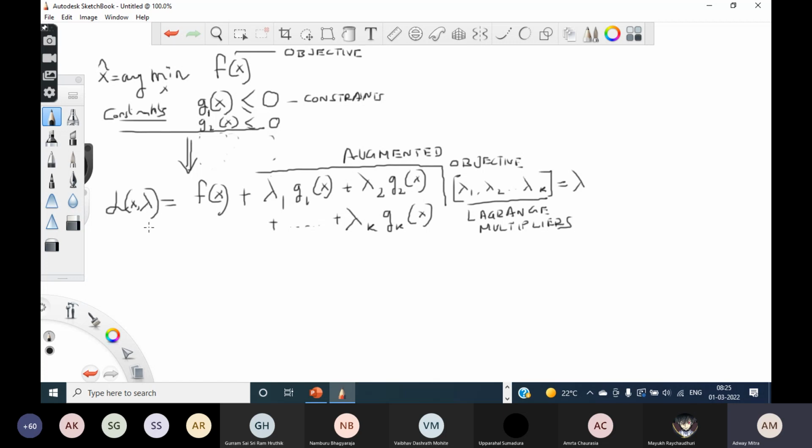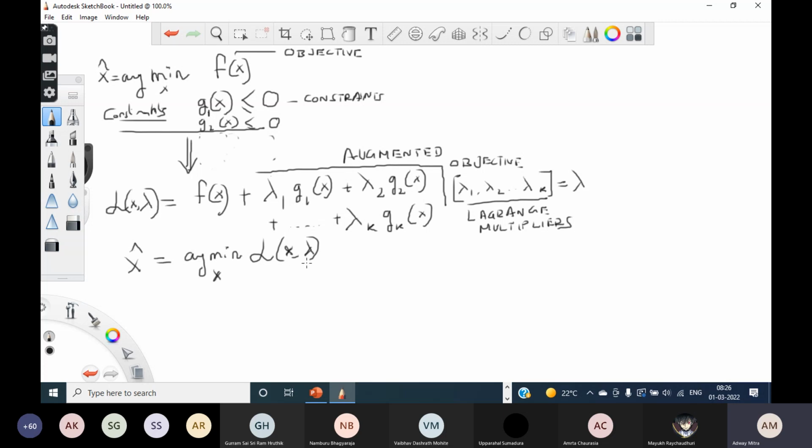So now what we have to do is that x hat will be equal to, over all possible choices of lambda, minimize this quantity, and that value of x at which this minimum is achieved is the optimal value x hat.